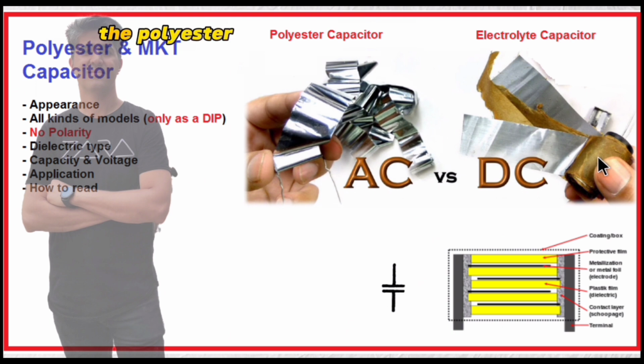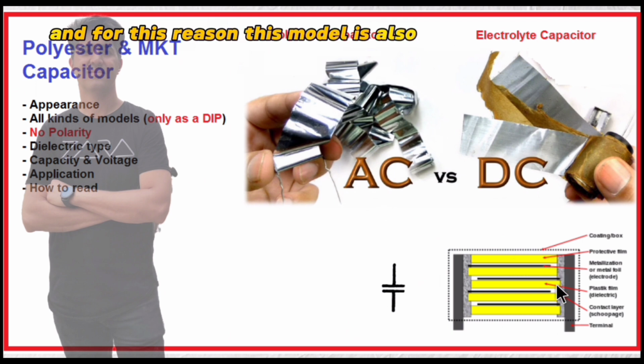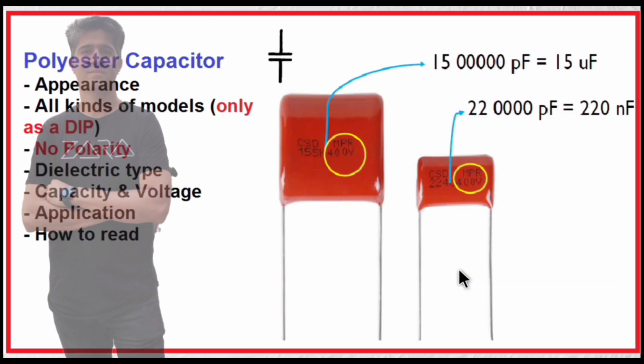The polyester capacitor is almost the same, two conductive plates and a dielectric between them, which were wrapped, and a base was placed between these two. But the MCOT capacitor is made of sheet films. There is a sheet that is placed on top of each other in this way, and for this reason this model is also called film cap.